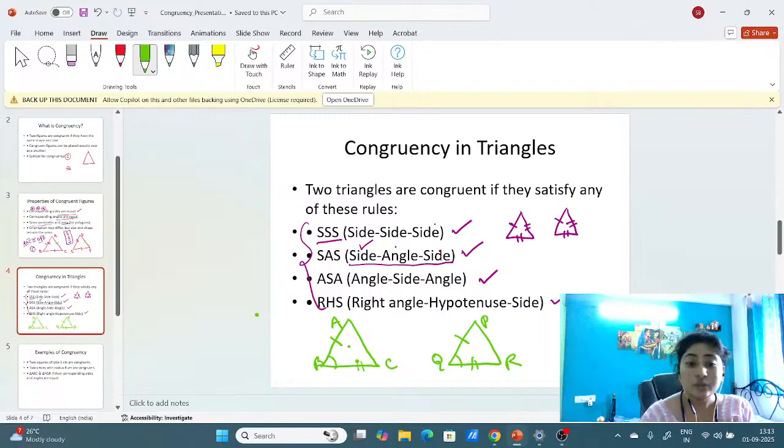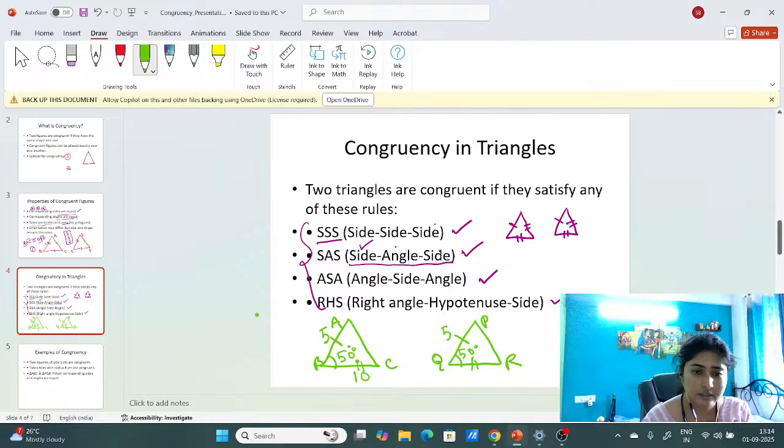So if these two included angles are the same, suppose this is 50 degrees and this is also 50 degrees. And this is suppose 5 centimeter, this is 5 centimeter, this is 10 and this is 10.